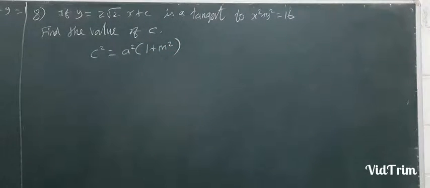That is the condition when they are given the tangent y is equal to mx plus c and the circle x square plus y square equal to a square. So you write first the condition.